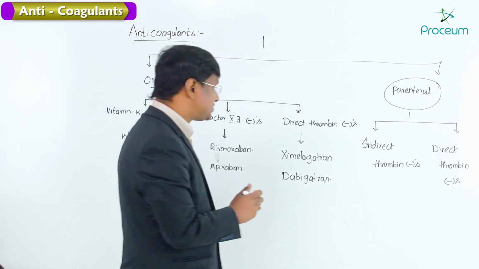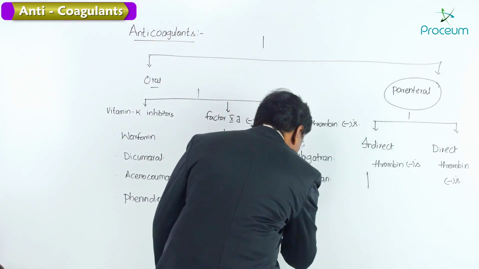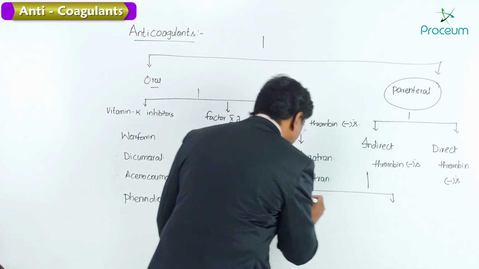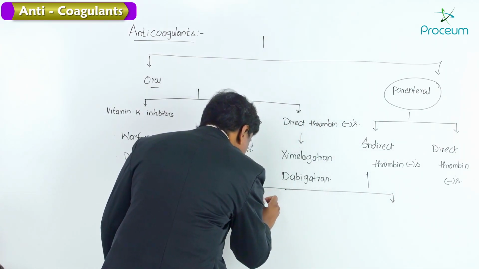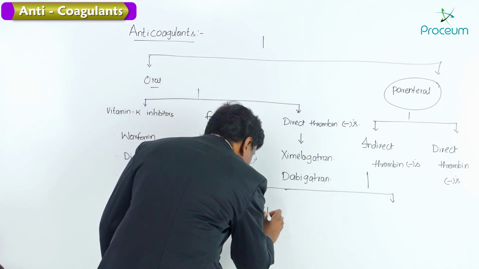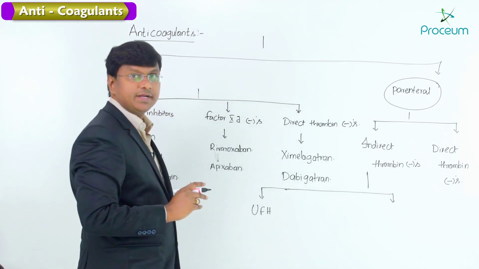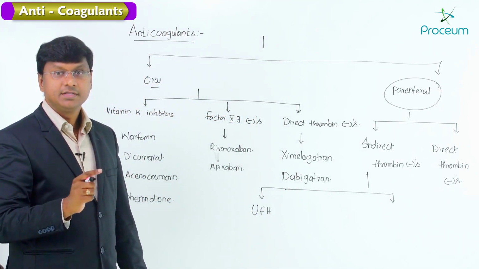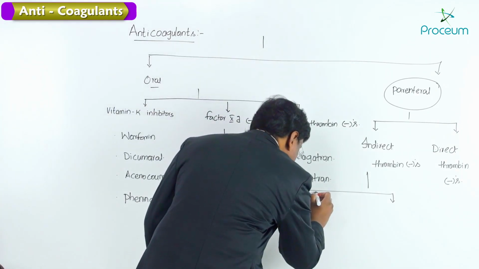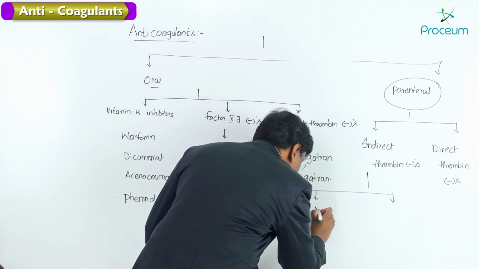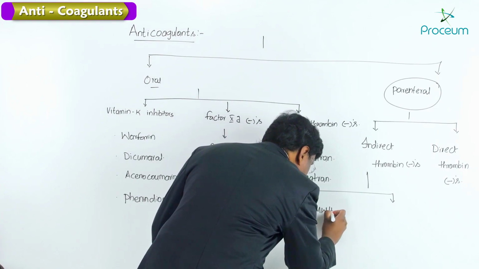What are the various forms of heparins we have? Number one, we have unfractionated heparin. Then we have the various forms of low molecular weight heparin.